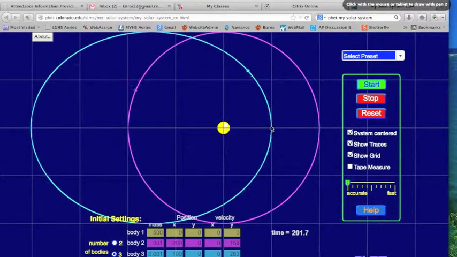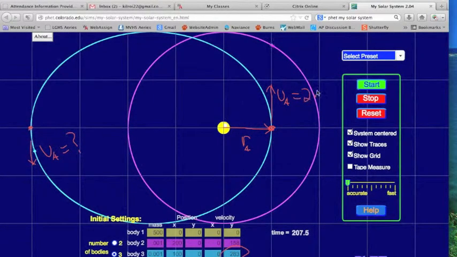Let's see if we can figure out how fast it's going here. What is the velocity at apoapsis? Well, we know r apoapsis, and we know v periapsis. That's what I have down here, right? The 283.